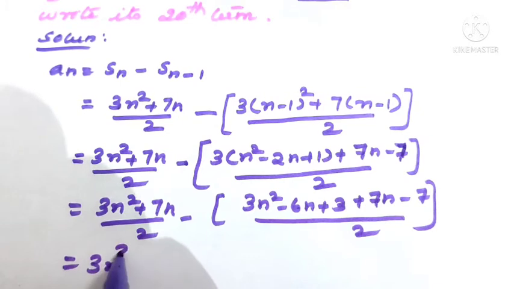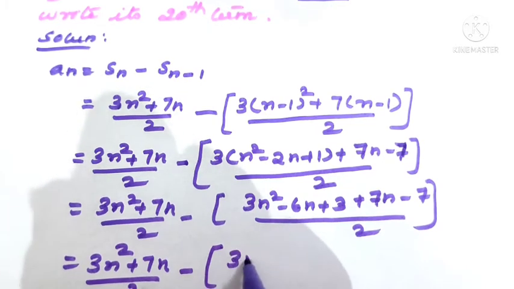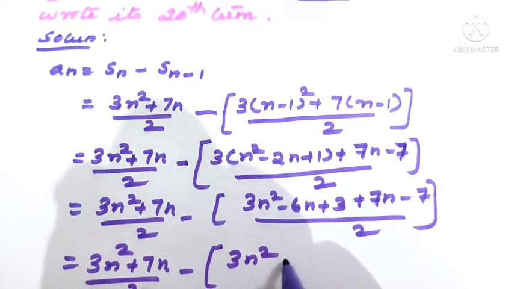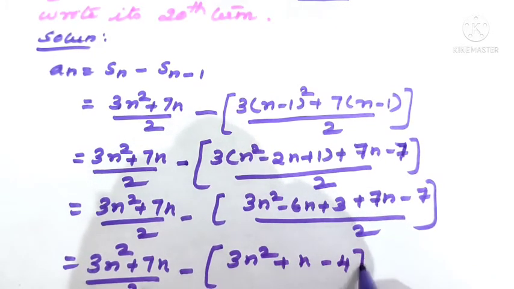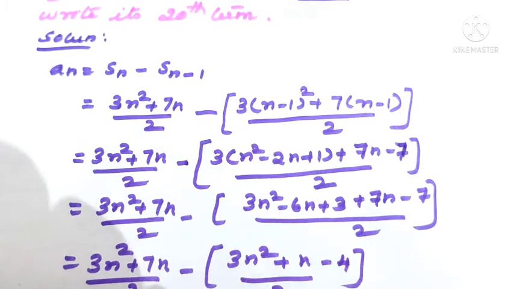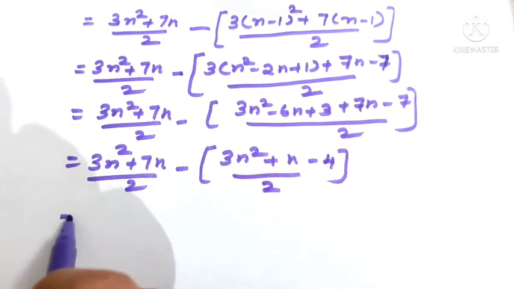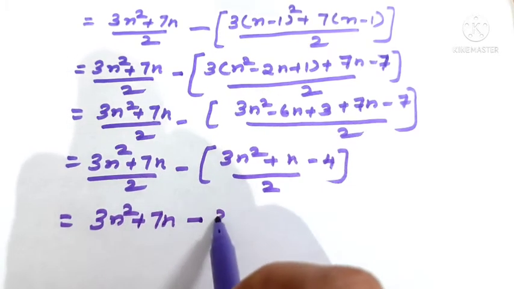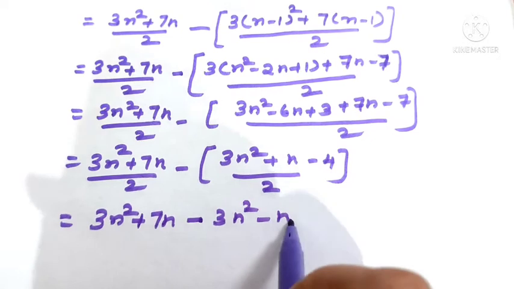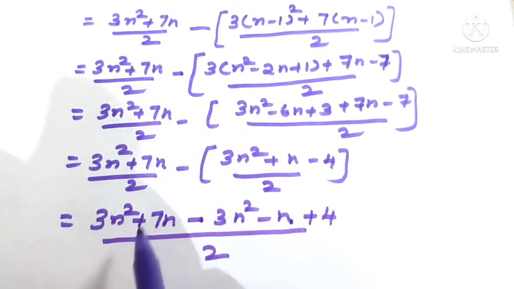So 3n square plus 7n by 2 minus bracket again 3n square minus 6n plus 7n, it is plus n, plus 3 minus 7, it is minus 4, by 2. Now expand the bracket again, with the minus sign. So 3n square plus 7n minus 3n square minus n plus 4, whole divided by 2.